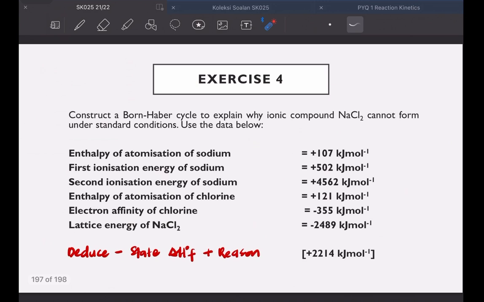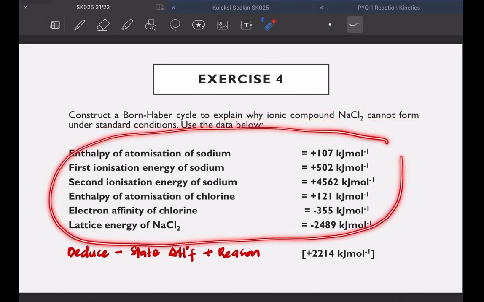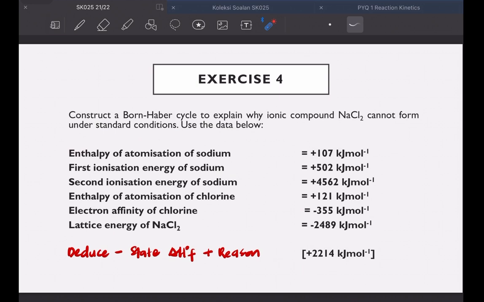So this exercise 4, they ask you to construct the Born-Haber cycle and then explain why NaCl2 cannot form under standard conditions. Why is that so? So you have to construct your Born-Haber cycle, and then you will find that your delta H formation is positive.